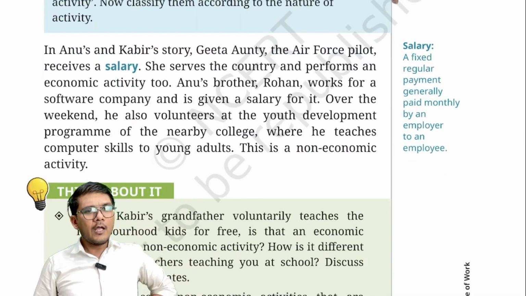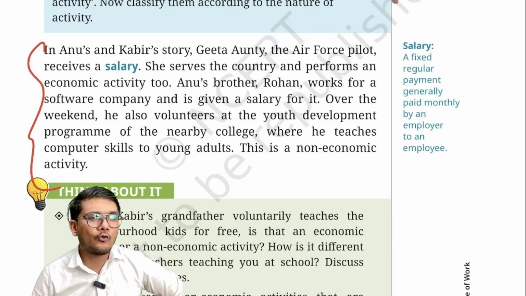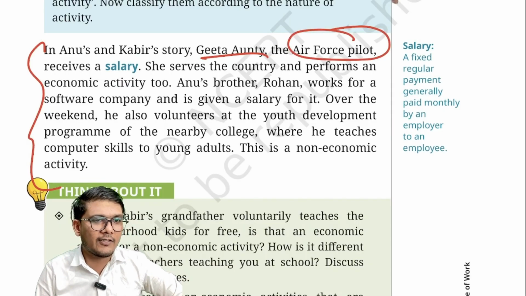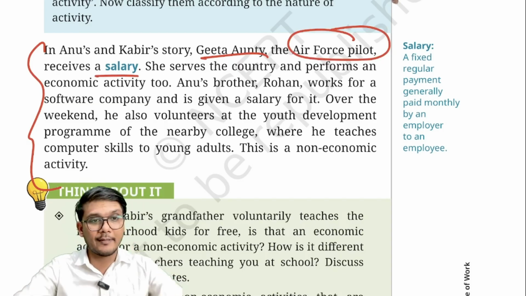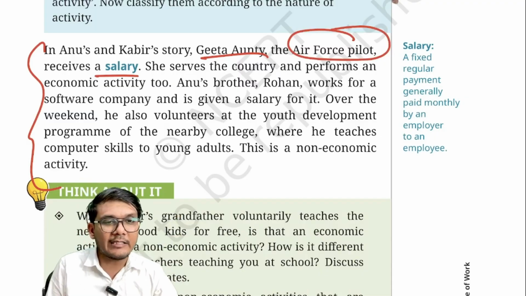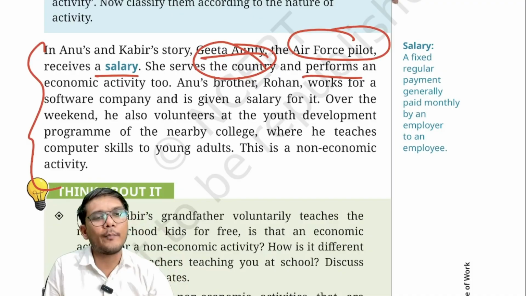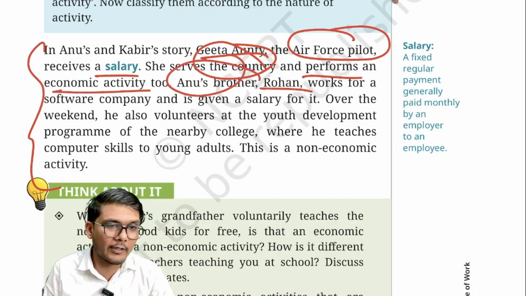Let's move ahead. Now they have given the answers only to this. So in Anu and Kabir's story, basically Geeta auntie, the Air Force pilot, she receives a salary, so in a way she does an economic activity. However, remember, she is also serving the country, right? But at the same time performing an economic activity as well. Anu's brother Rohan works in a software company, is given a salary, so that's an economic activity.